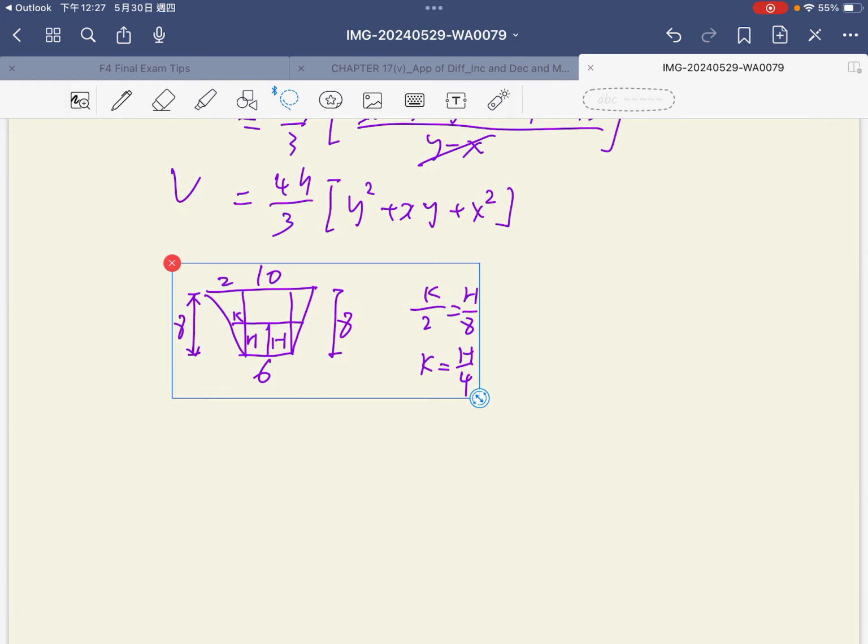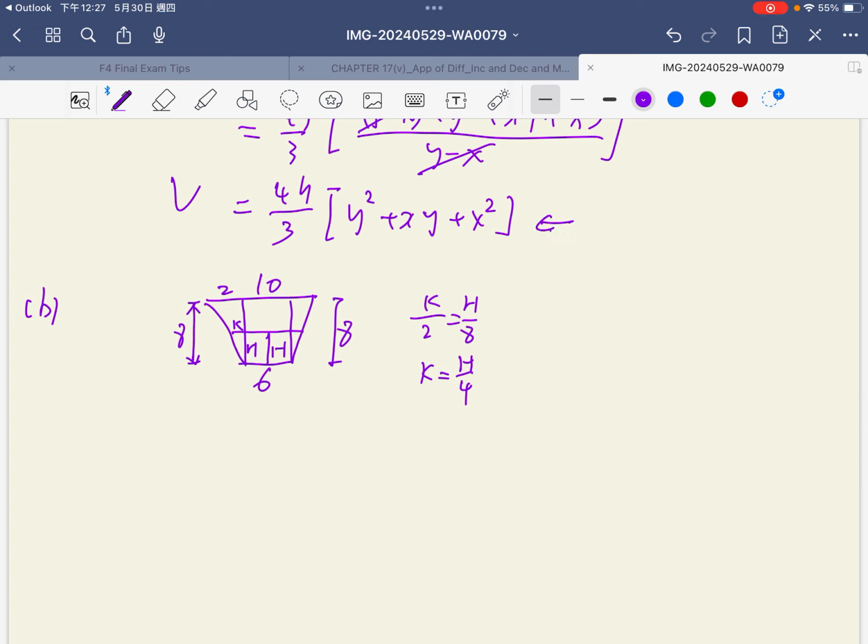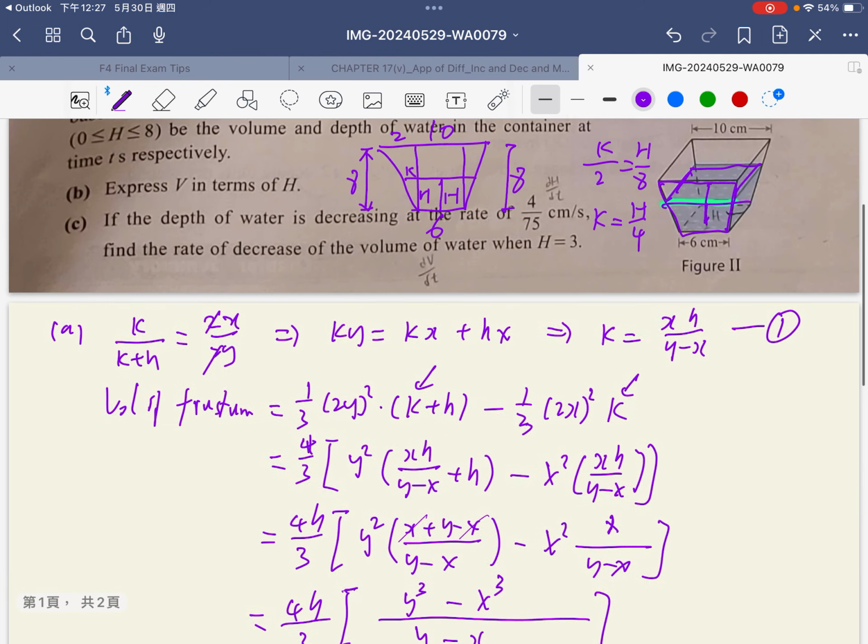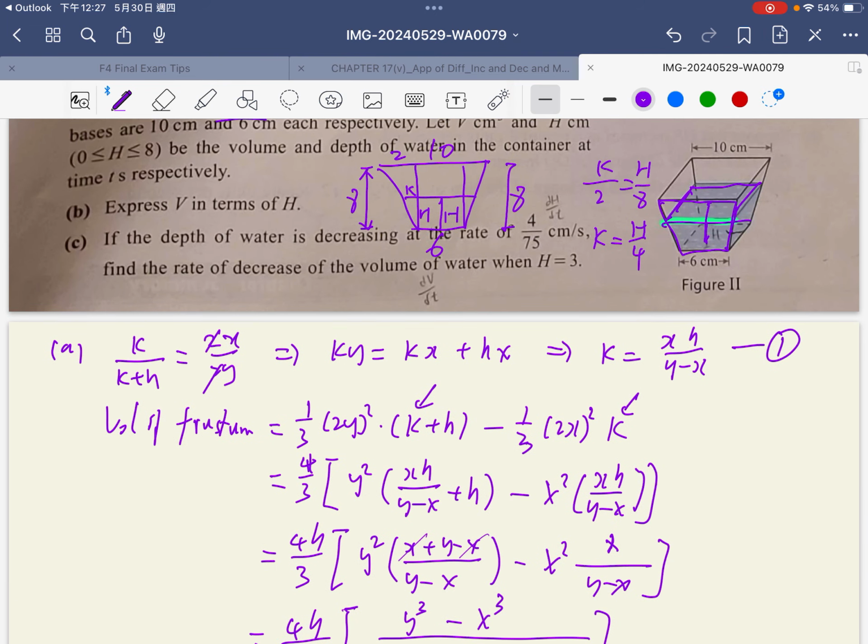I copy this to part B and apply the formula to this. You can see the lower part is 2 times 3. The upper part is H over 4 plus 6.